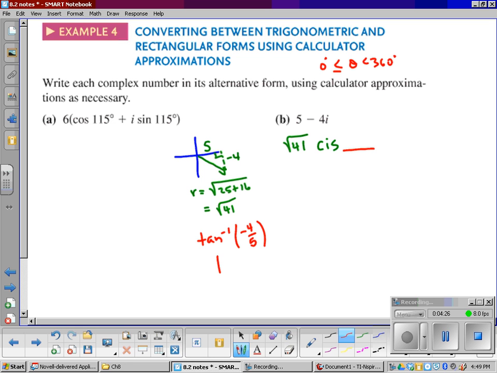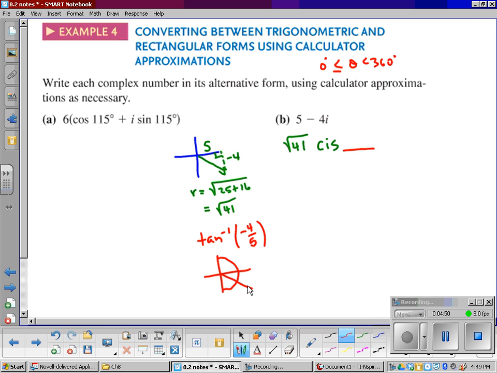But remember that the inverse trig function here is either going to occur on this top bubble, which is quadrant 1 and quadrant 2, or if it's tangent inverse, it's going to occur on this side bubble right here. So the positive quadrant is 1 and the negative quadrant is 4. So we know that the calculator is going to give us an angle down here that's in quadrant 4.